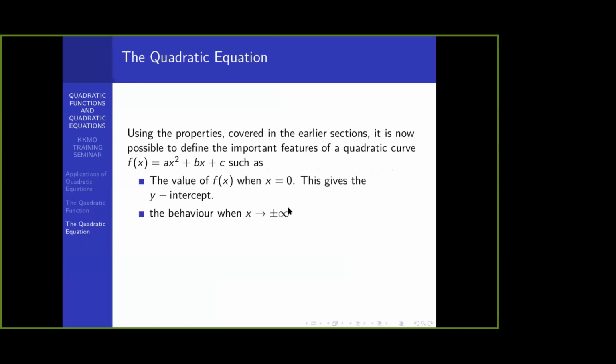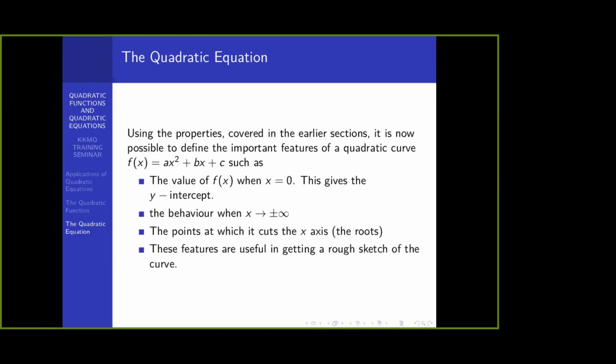If a is positive, the curve faces upwards. If a is negative, the curve faces downwards. And the roots also are the points at which it cuts the x-axis. It may or may not cut the x-axis, and this is determined by the discriminant, as we saw earlier. So once we go through all such features, it is possible to do a rough sketch of the curve.